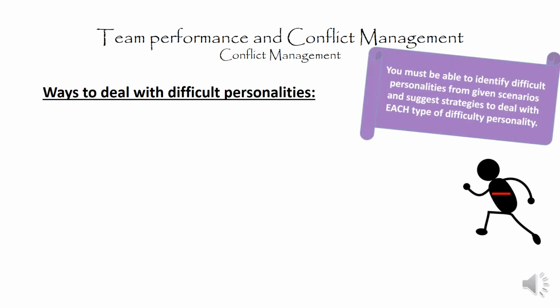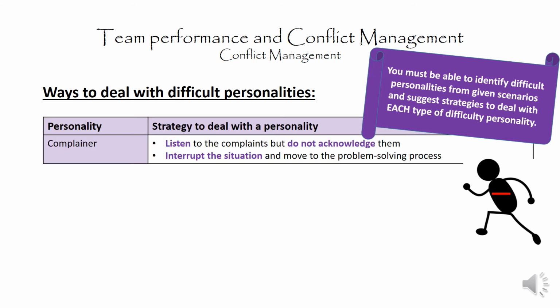Right. Now, you must be able to identify difficult personalities again from a given scenario, and you need to be able to suggest a strategy to deal with each of those difficult personalities. Now, you're going to deal with each of those types of people differently. Right, so how to deal with a complainer. First of all, you will have to listen to his complaints.